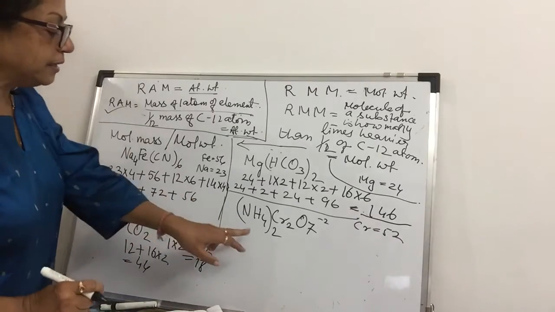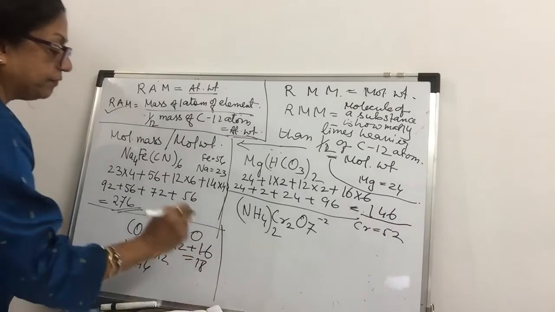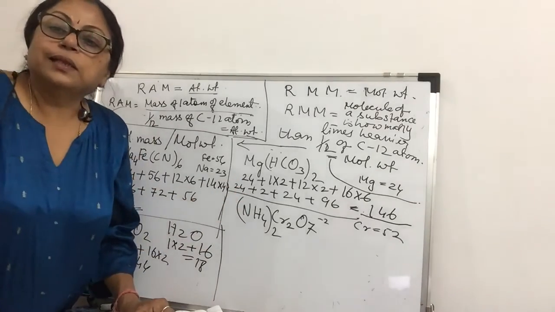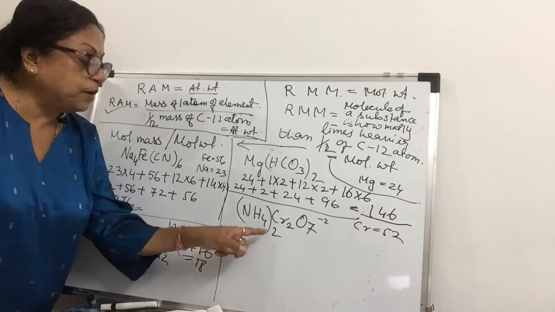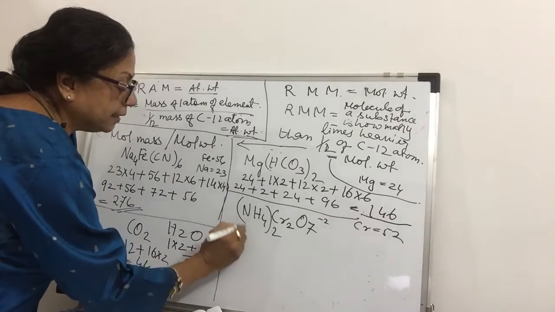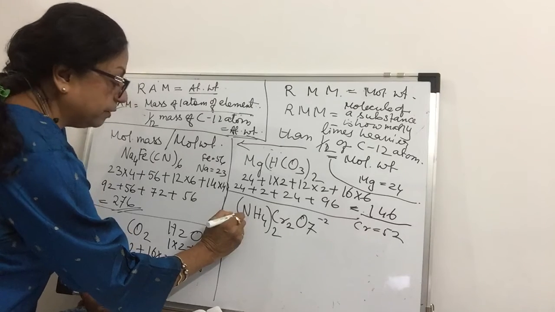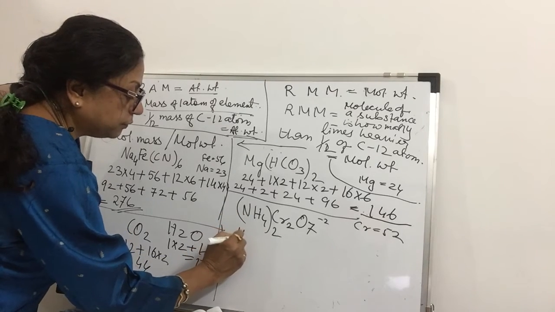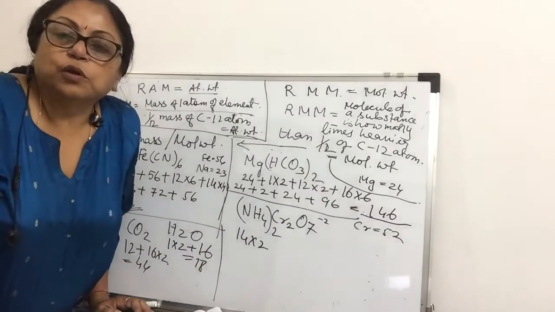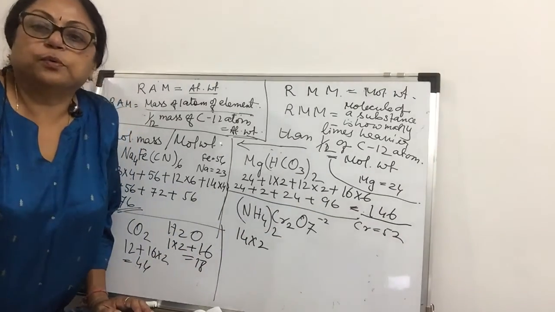I have taken something different, a little bit difficult, the ones which have a subscript of 2, 3, 4, 5, whatever. So here nitrogen is 14, so nitrogen is 14 into 2. All will be given in the question paper or in your textbook.